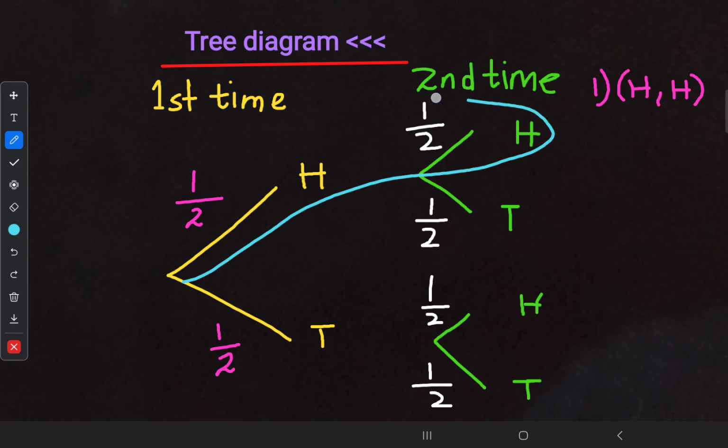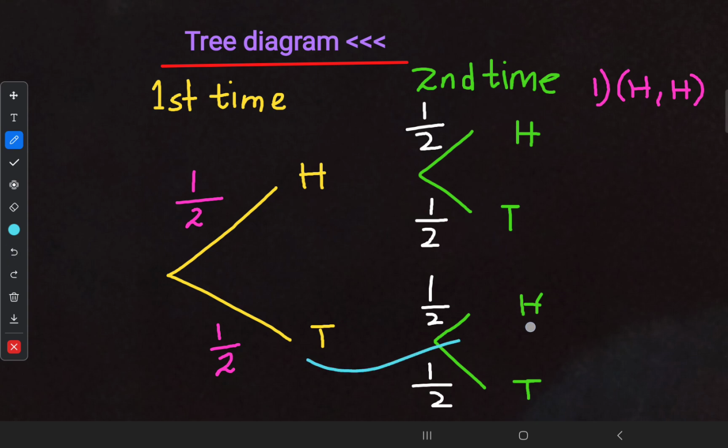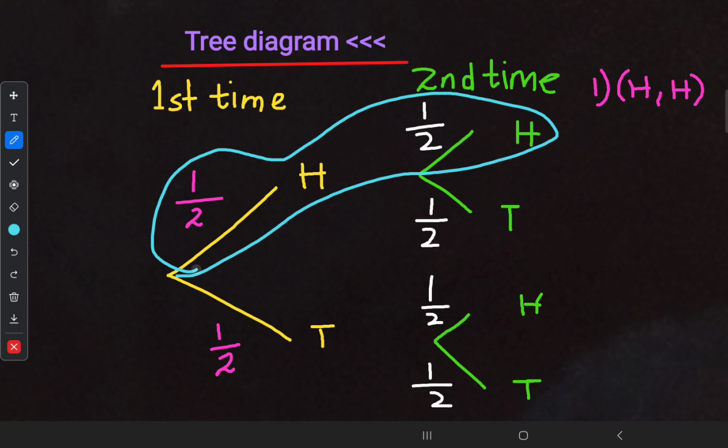So this is the probability. There are 4 events happening here. One is head and head, then head and tail, tail and head, and tail and tail. Among these 4 events, what we need is, in both cases we are going to receive head. So you should multiply half, and from this branch we expanded another branch, so this one also the probability would be half.